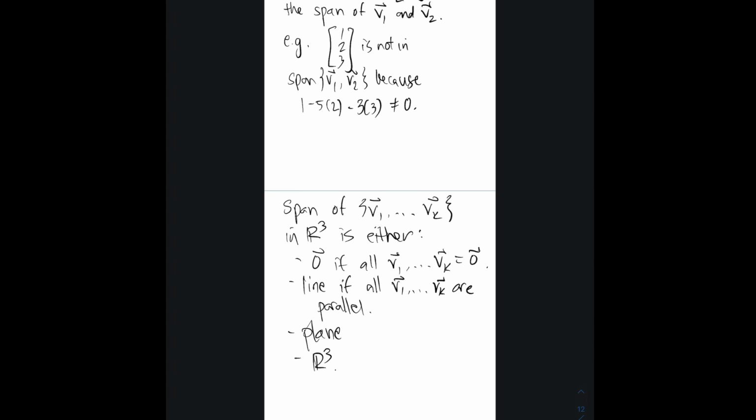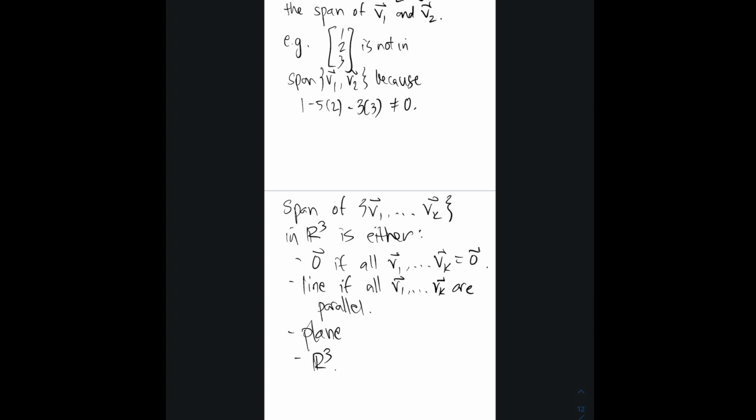That's if you have 3 vectors in R3. If there are 2 non-parallel vectors, and then the third one is not a linear combination of the first two vectors, then the span will be R3.